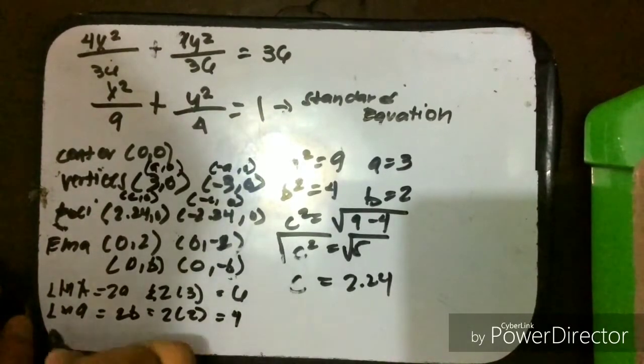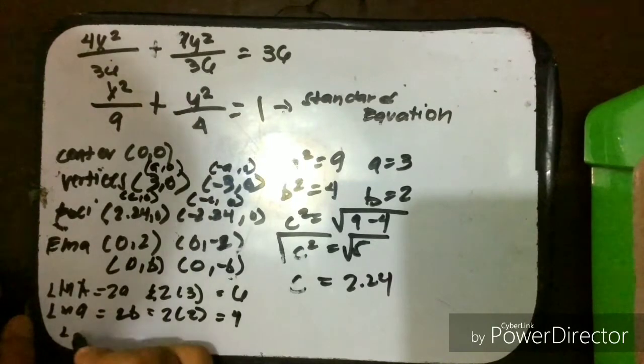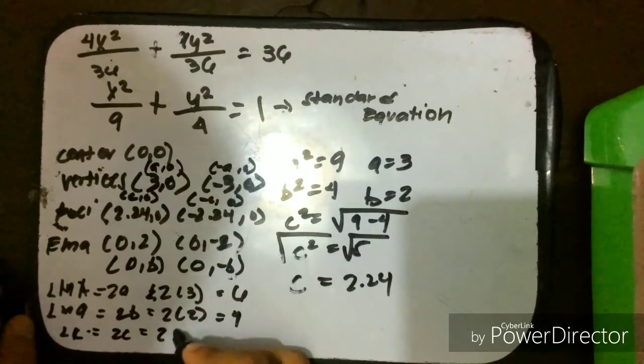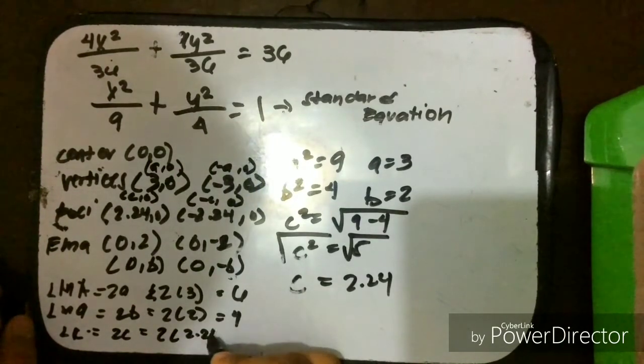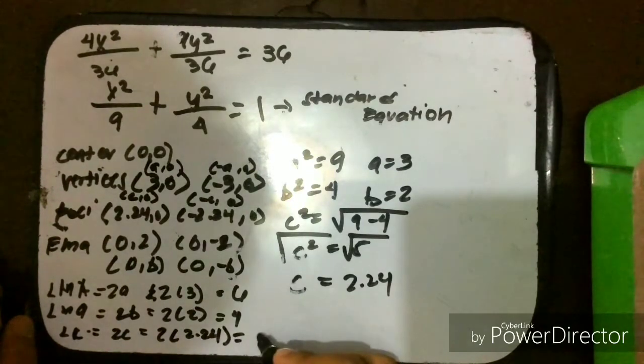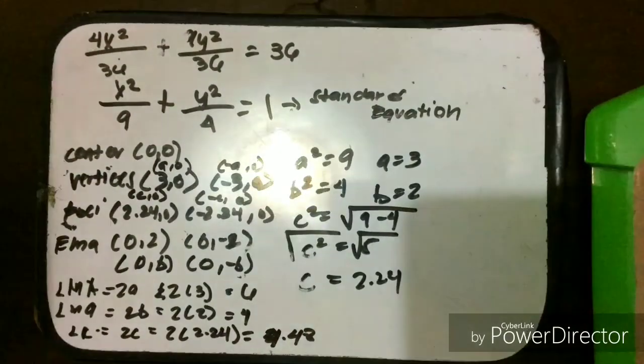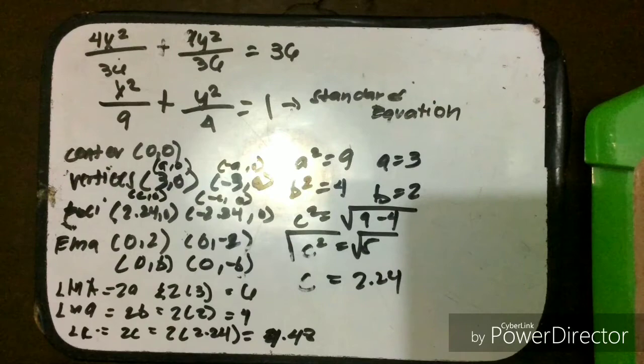And length of the foci is 2c. So 2 times 2.24 equals 4.48. So now we will proceed to the plotting of the coordinates.